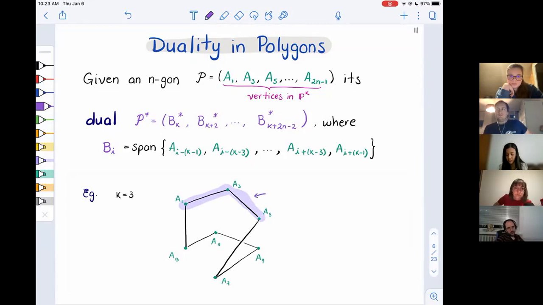Again, no need to worry about the sub-indices, because those are technical details that we worry about when we actually have to do things. But for instance, in this case, this subspace would be what I call B3, taking the sub-index that is in the middle. And then B3 star would be the vertex of the dual polygon.